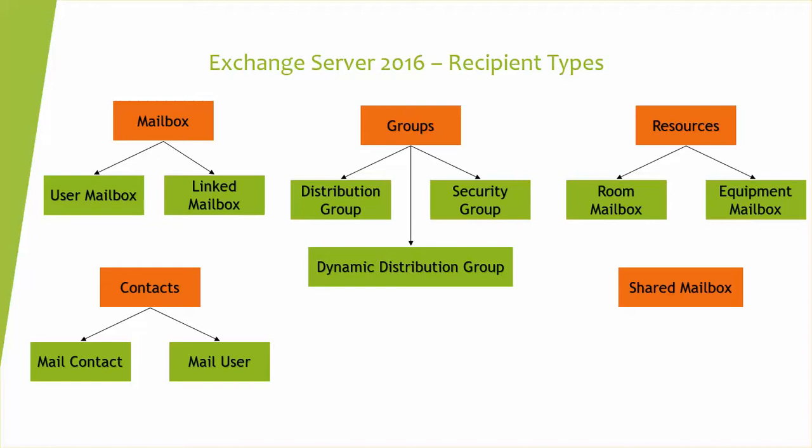A distribution group is actually a mail-enabled Active Directory distribution group object which can be used only for message distribution to a group of recipients. So you're distributing emails to a group of recipients using one single group.